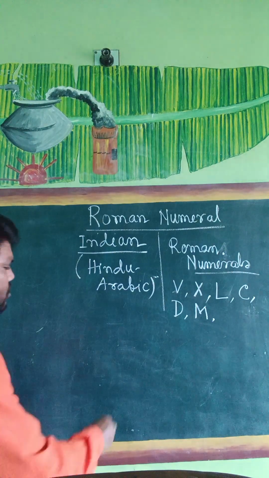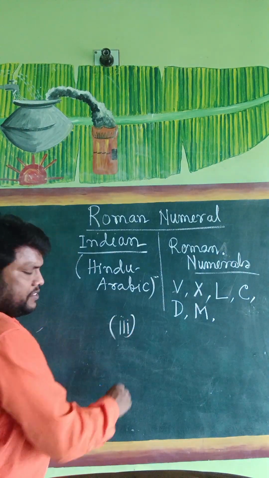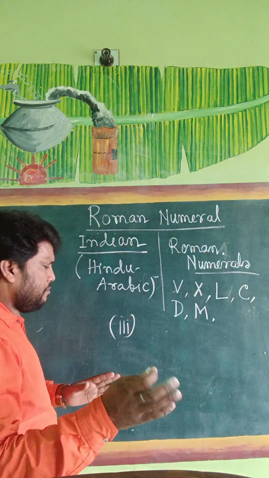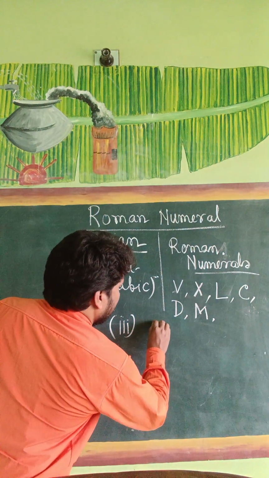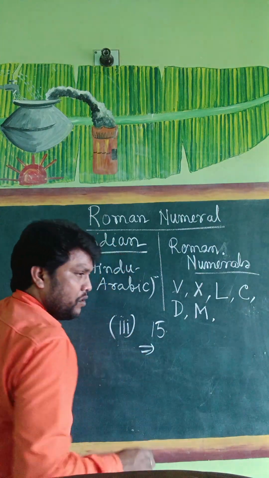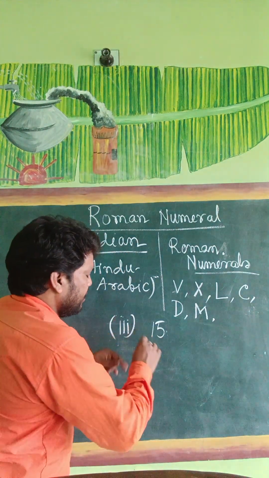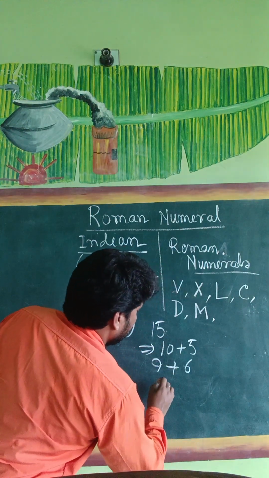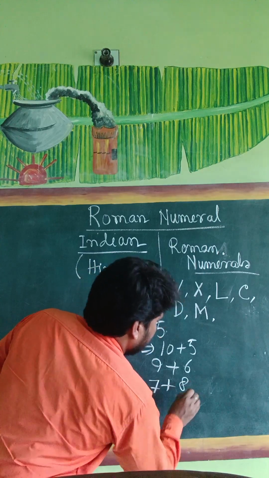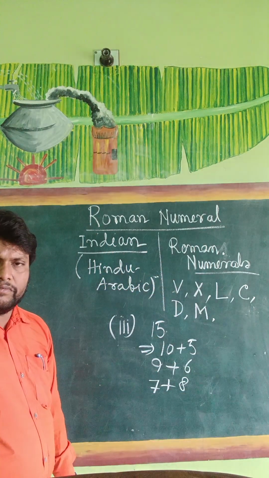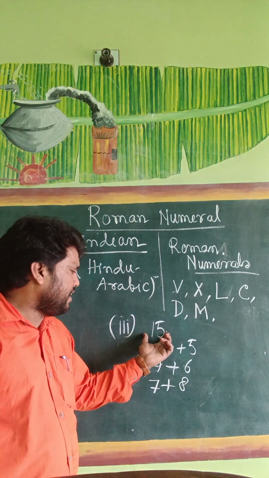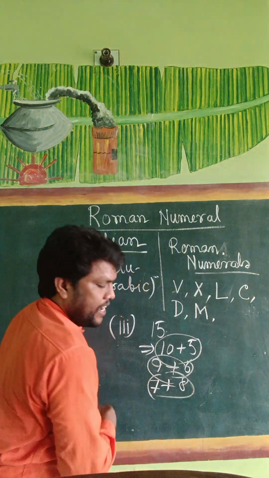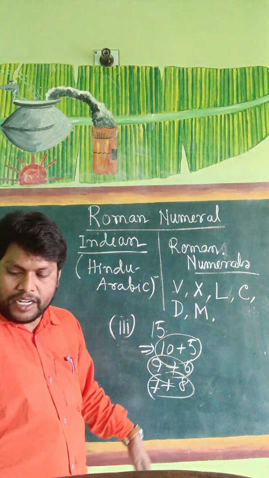Next, rule number 3. In the Hindu-Arabic system, suppose I am writing 15. How do Indians write it? 10 plus 5, 9 plus 6, 7 plus 8, or any kind of addition. When we explain 15, we add to the right side.